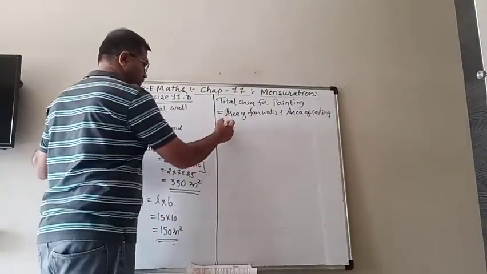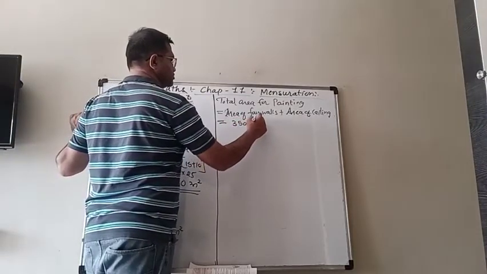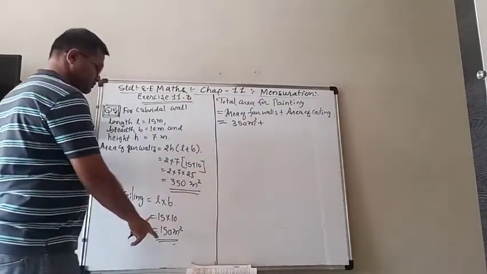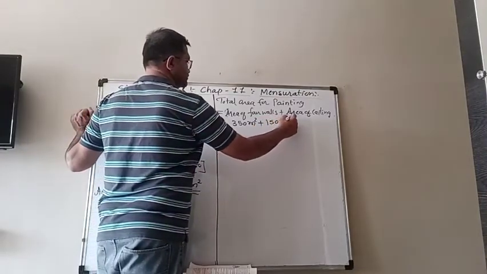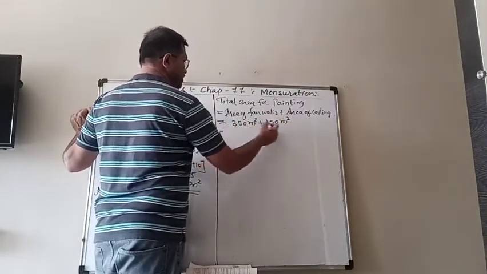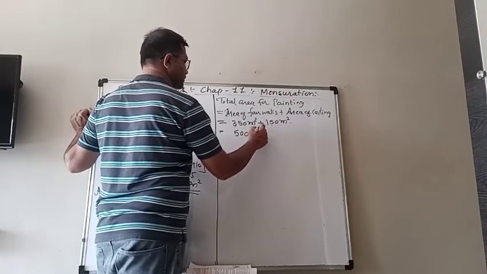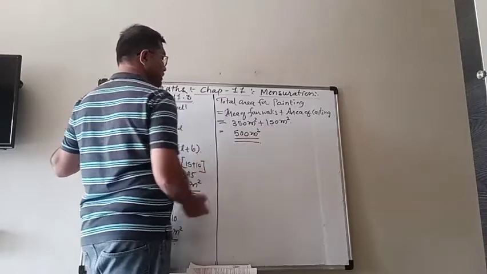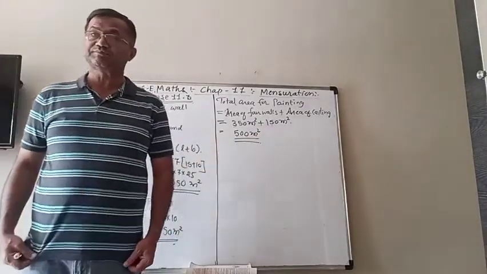So it is equal to 350 meters square plus 150 meters square. So total is 500 meters square. So 500 meters square area is to be painted.